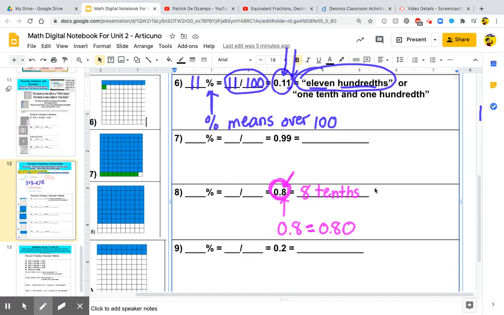So what we're also saying is this is 8 tenths, or it could be 80 hundredths.